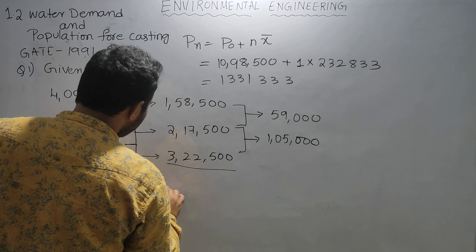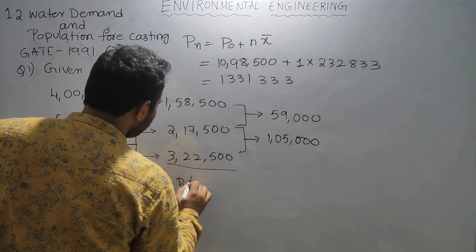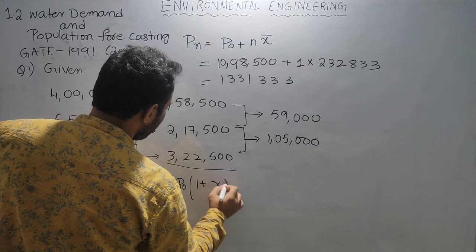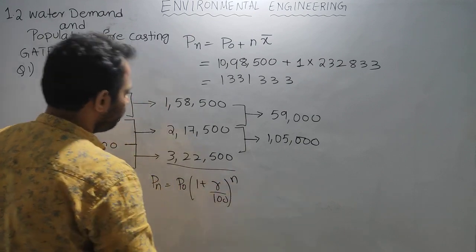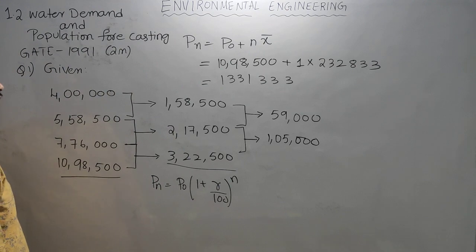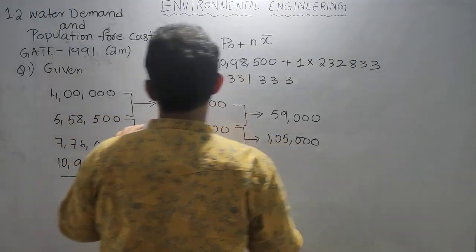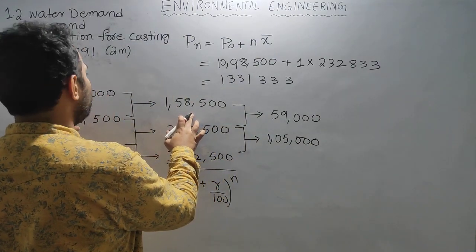Pn is equal to P naught into (1 plus R by 100) whole to the power of n, again with n equal to 1. What is R here? R means the increase divided by the previous population.